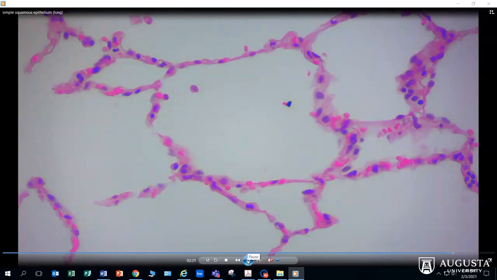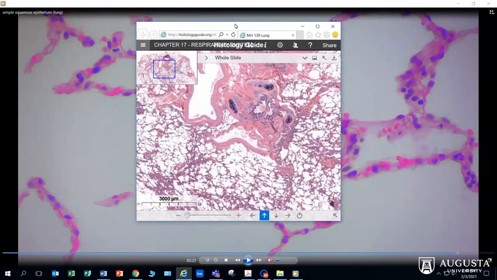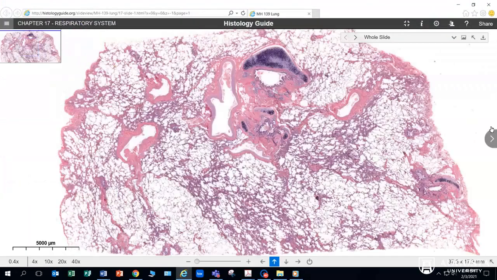I'm going to pause that and bring over the Histology Guide website. So on the resources that we gave you, we'll take you to the Histology Guide website for simple squamous epithelium of the lung.